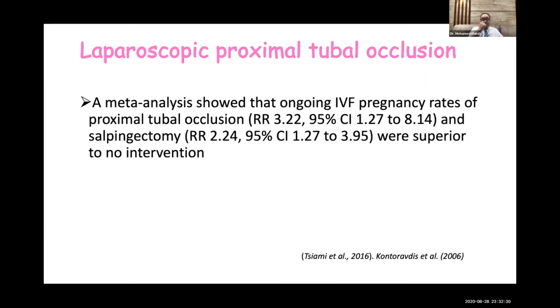The other option is laparoscopic proximal tubal occlusion. A meta-analysis showed that the ongoing IVF pregnancy rate of proximal tubal occlusion and salpingectomy were superior to no intervention. So it is comparable to salpingectomy and superior to non-intervention.